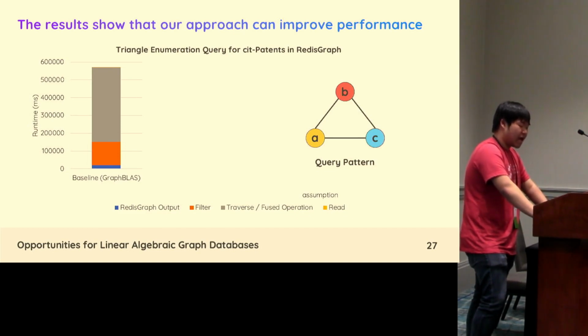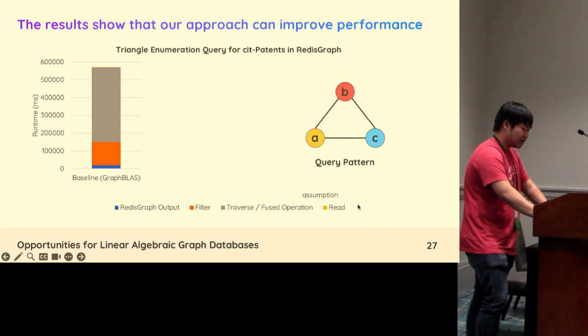The second stack represents the runtime for the traverse, or if we have a fuse operation, it's going to be the runtime for the fuse operations. The third stack represents the runtime for the filter stage. And the fourth stack represents the runtime for the RedisGraph output, the stage in which we take the last stage result and convert it into a user-desired format based on the query they provide.